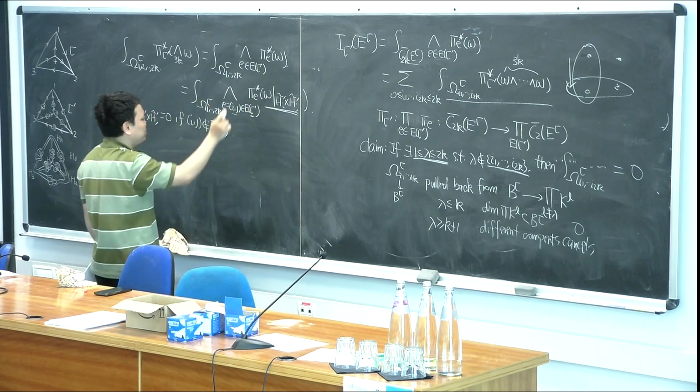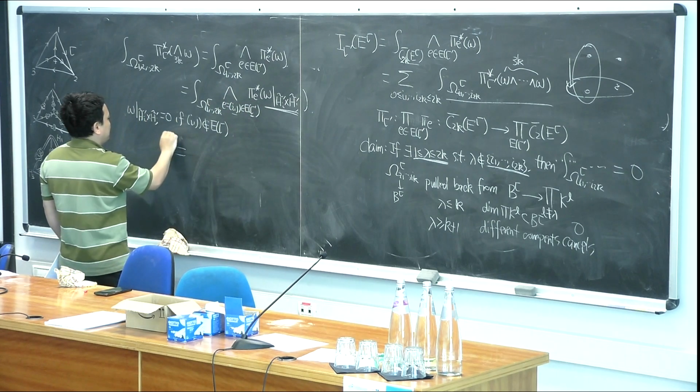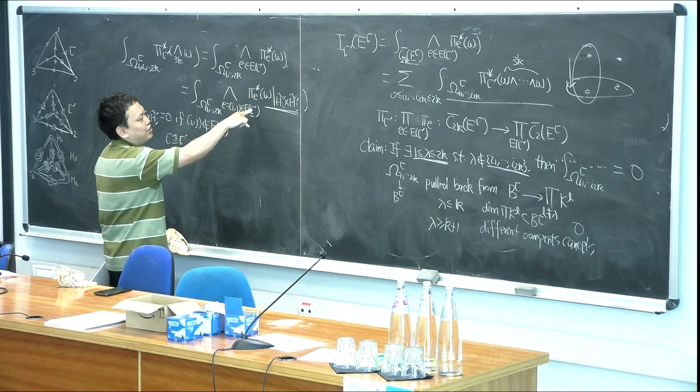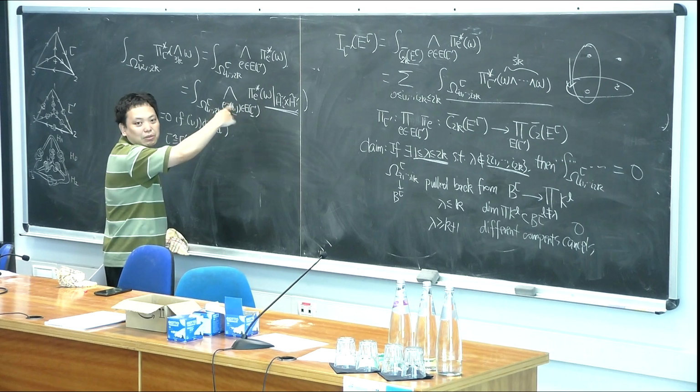So the only thing we want to consider is the case that gamma is isomorphic to gamma prime, so that every edge of gamma is also an edge of gamma prime.